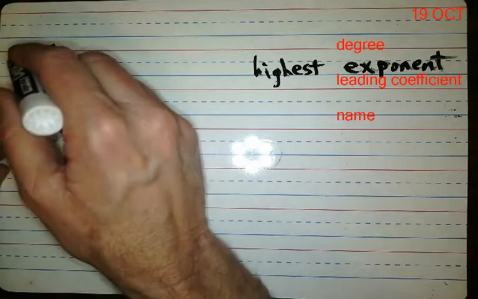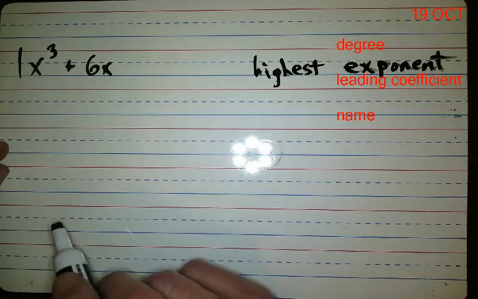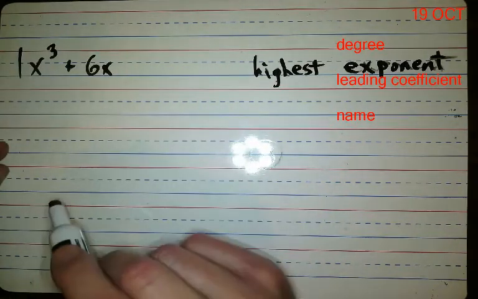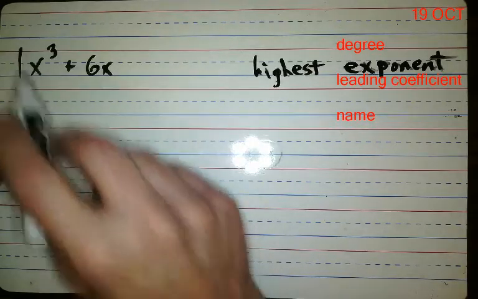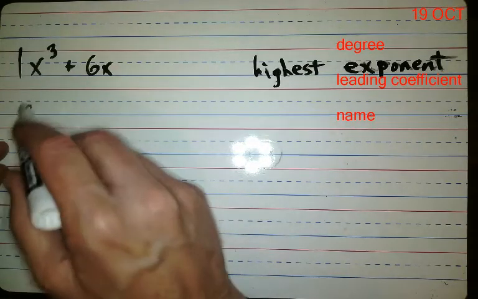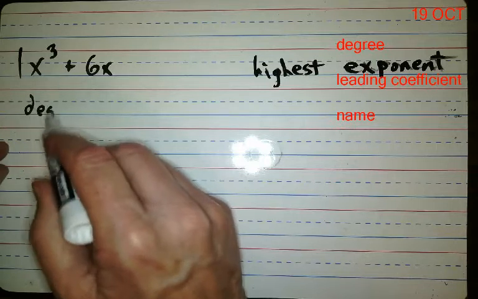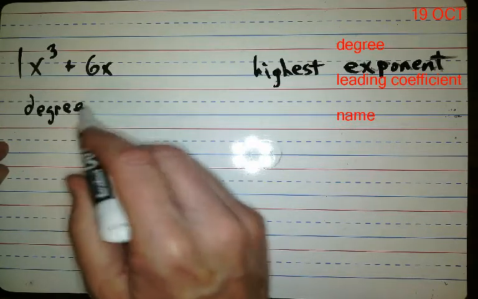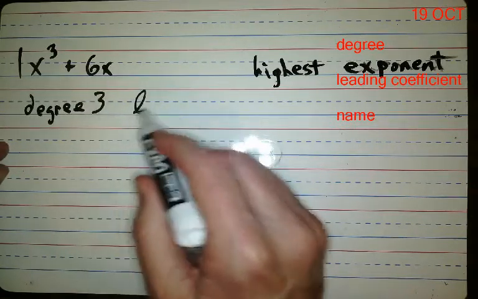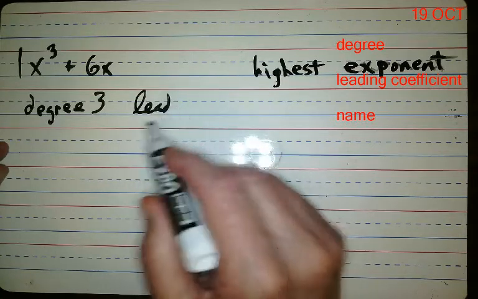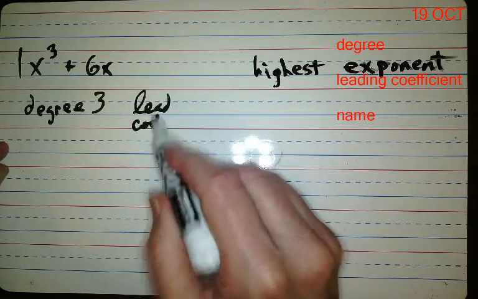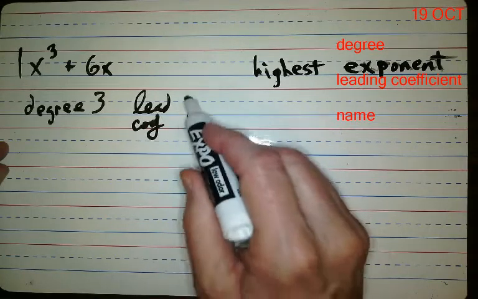So in this case, the leading coefficient would be 1. The degree is 3. So if they said, hey, what's the degree? You'd say degree 3. What's the leading coefficient? The leading coefficient is 1.